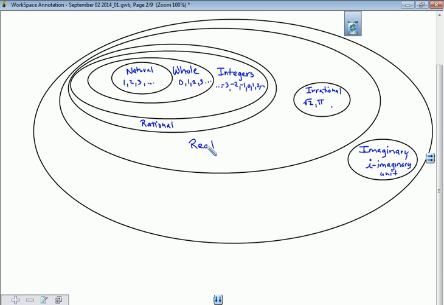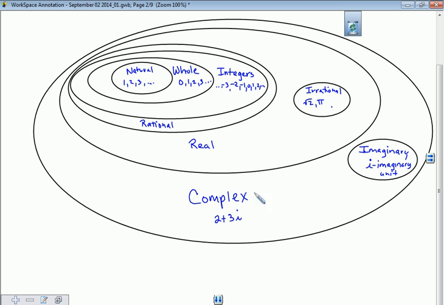Now, if we were to put a real number together with an imaginary number, that gets a little complex, doesn't it? Yes, that's a complex number. Our complex number system is made up of all real and imaginary numbers, or we can put them together. A complex number might take the form of 2 plus 3i.